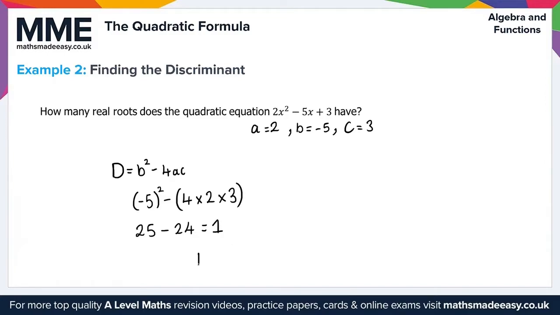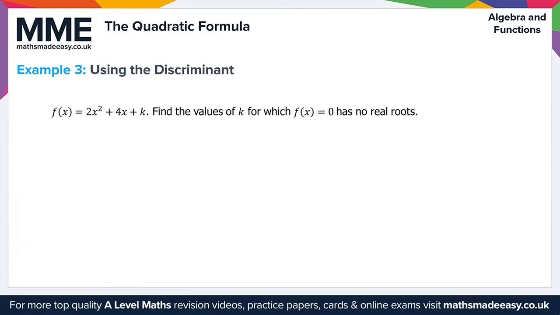And clearly, 1 is greater than 0. So therefore, what we can say is that our quadratic equation, 2x squared minus 5x plus 3, has 2 real roots. We know that because our value for the discriminant was greater than 0. So if it's greater than 0, we have 2 real roots. So that gives us the solution to example 2.